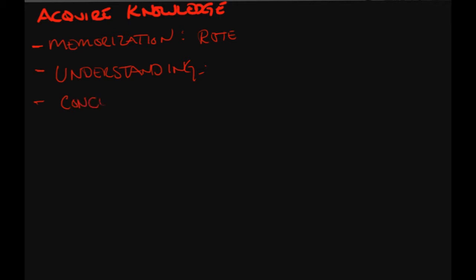The next one is concept learning. So you see we're progressing here in how people learn and their level of understanding. Concept learning is the ability to make correlations from similar circumstances. So, for example, if we understand that the altimeter works on pressure, then we can make the transition to the airspeed indicator and understanding that it works on pressure as well.